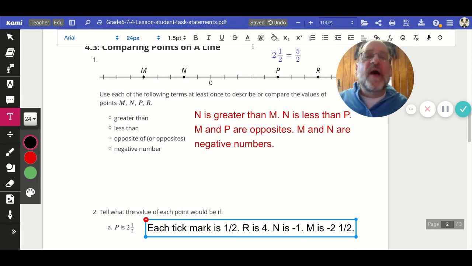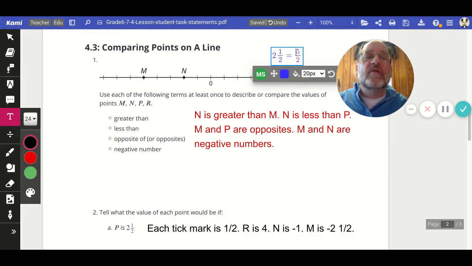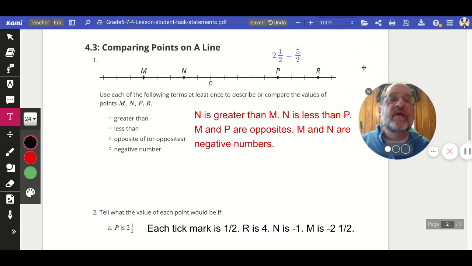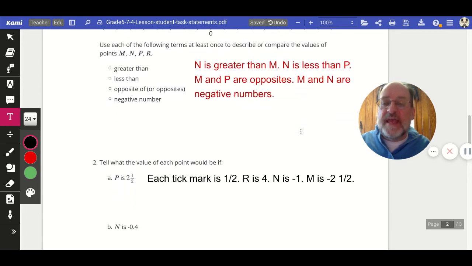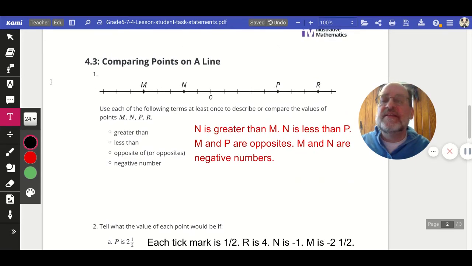So I'm going to have to go back and forth here. I'm going to trash what I have here because we're now going to be counting in a different way. Let's see. N is negative 4/10.